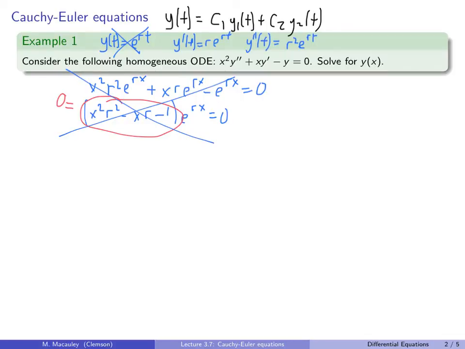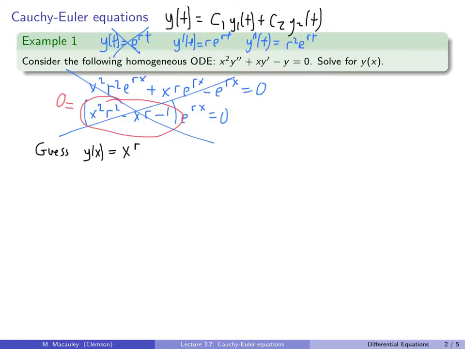So what do we do next? Here's one thing I want you to notice. Notice that for each derivative here, there's an extra power of x. So let me propose this. Let's guess a solution, y of x equals x to the r. Now why is this a good guess?